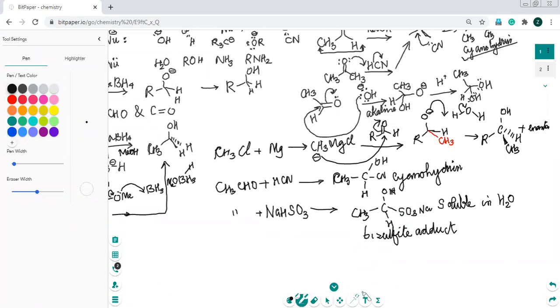Okay, right. So now let us look at another reaction of aldehydes and ketones. By this time you should be able to predict the products.